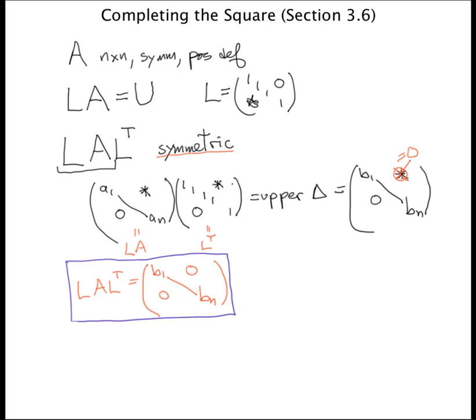And whether this matrix is positive definite, well, that's if and only if this new matrix is positive definite, because these are just, as I said, matrices of the same inner product with respect to a different basis. And we know how to tell whether this is positive definite. That's if and only if all the Bi's are positive.